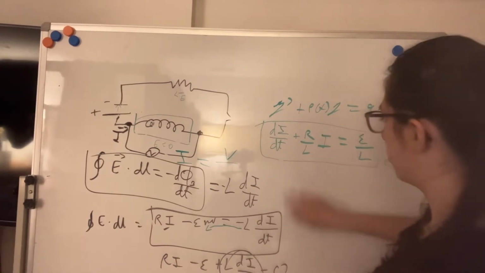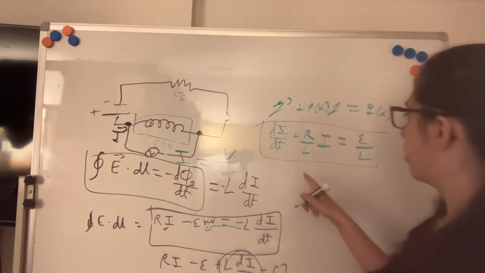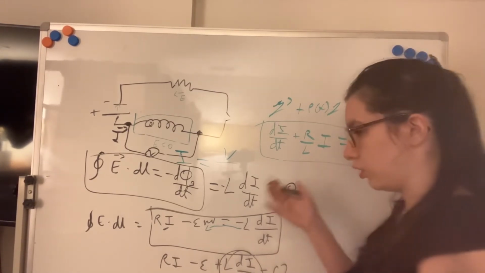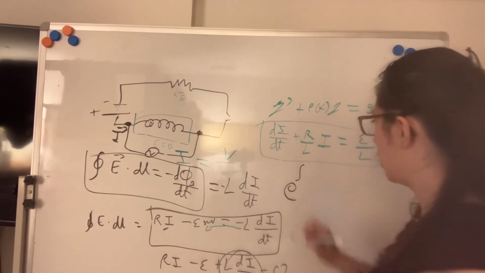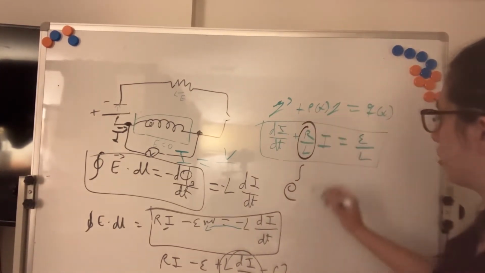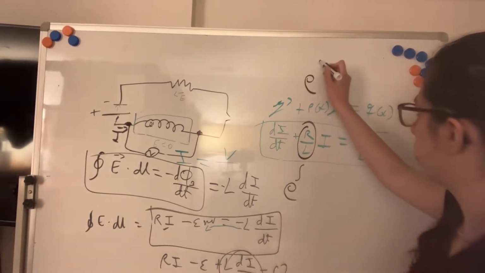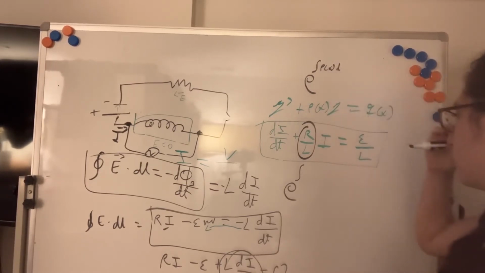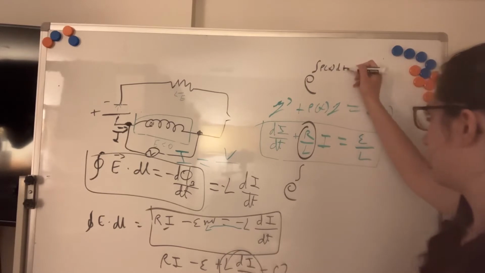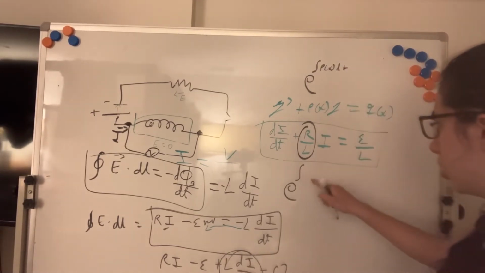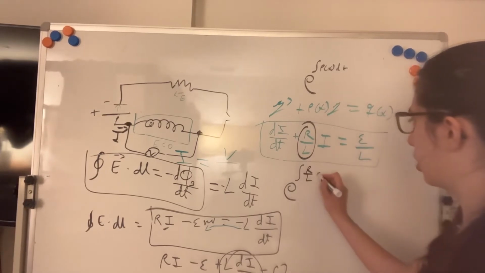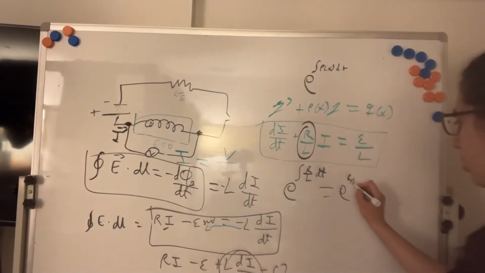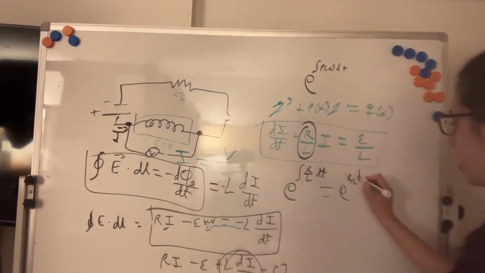So with the integrating factor, we have e to the integral of the polynomial of x. So remember that the integrating factor is e to the integral of the polynomial of x with respect to x, in this case dt. So here it is R/L dt. So it is just e to the R over L t. This is the integrating factor.